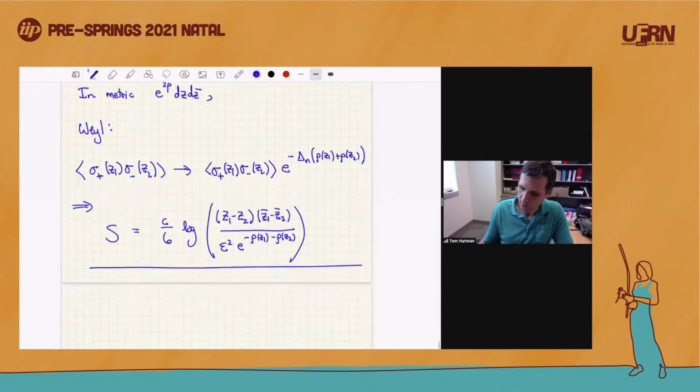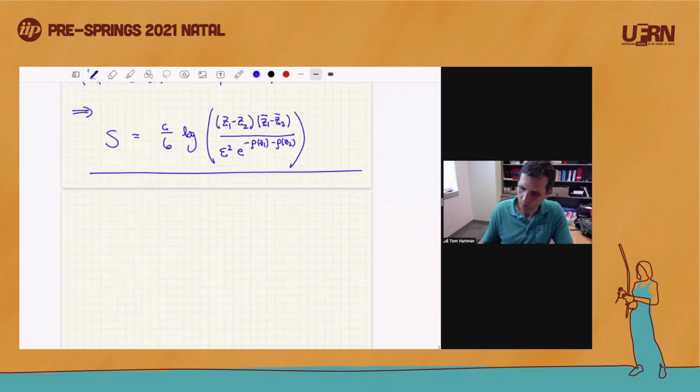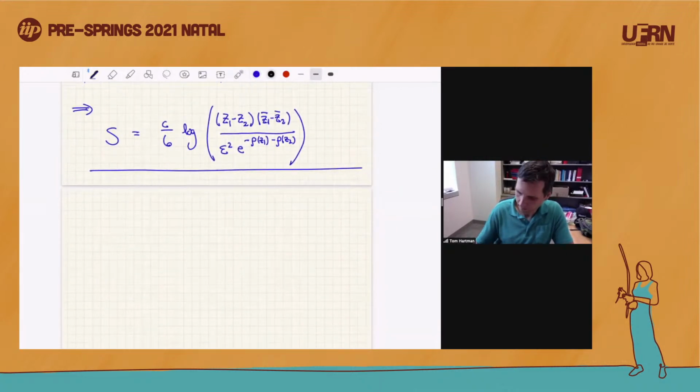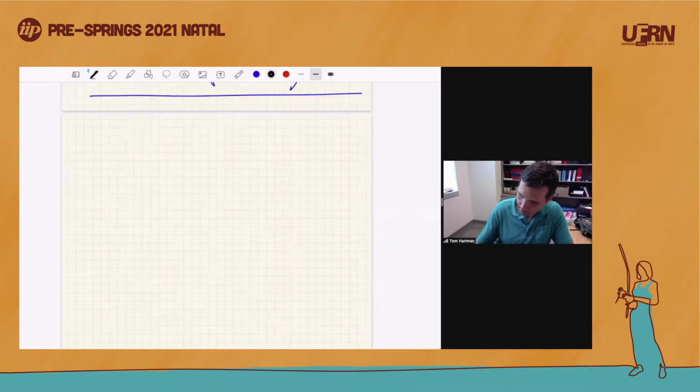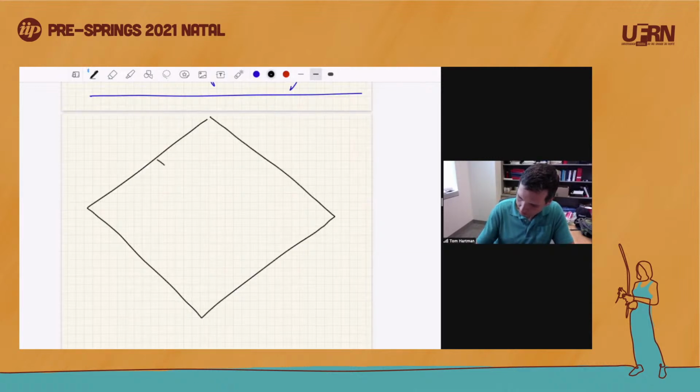Okay. This has been a sort of detour into the discussion of calculating entanglement entropy in CFT and curved space. But now we can come back to our eternal black hole. So let's draw that picture again. We have our region R. We have our singularities.